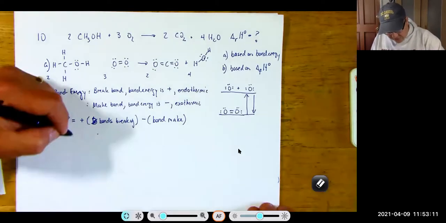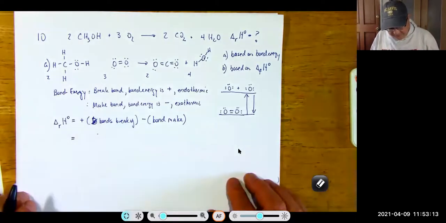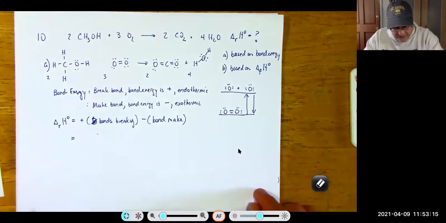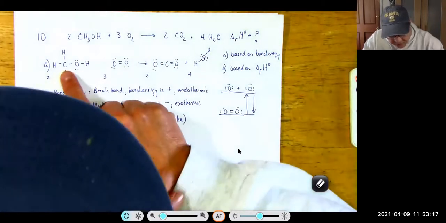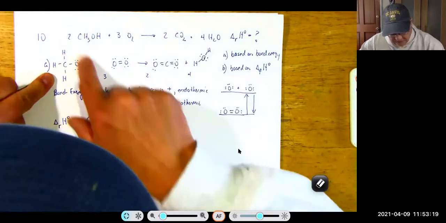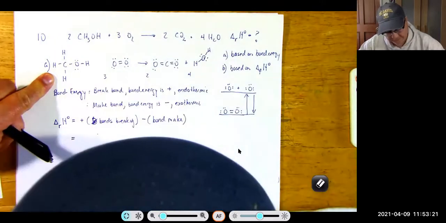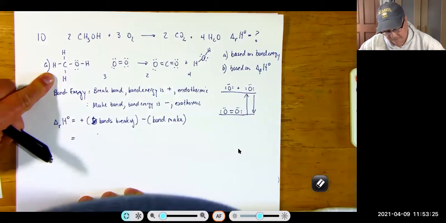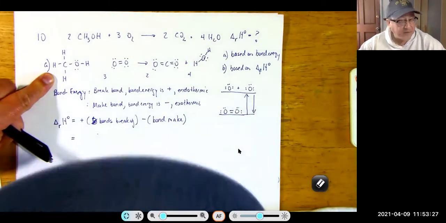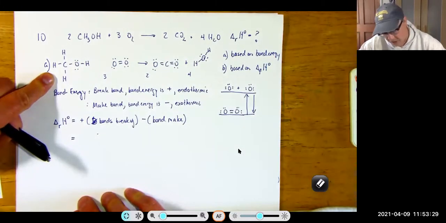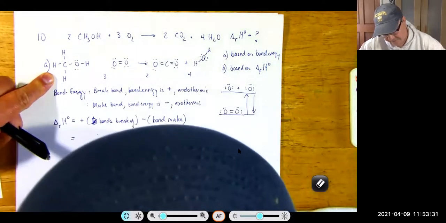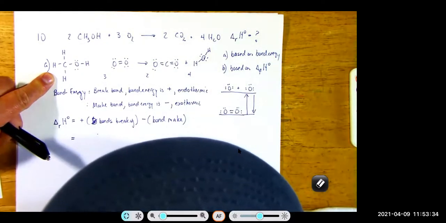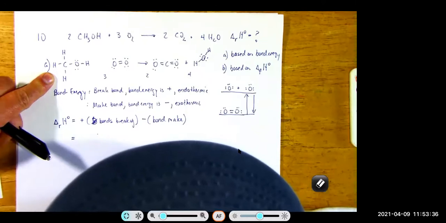So if we take a look at all the bonds we're breaking, let's take a look at those. How many carbon-hydrogen bonds are we breaking in this molecule? Mind you, we have to break them all. 1, 2, 3. 3 of them.